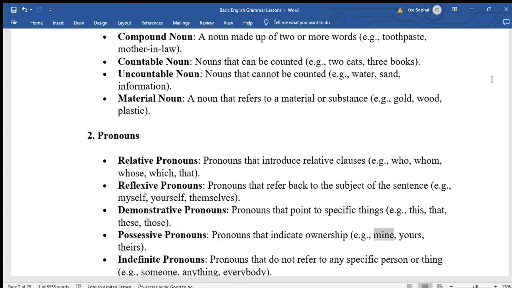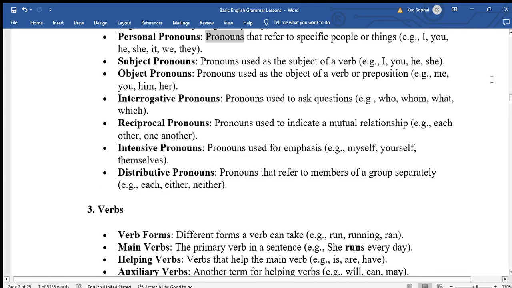Example, mine, yours, theirs. Indefinite pronouns, pronouns that do not refer to any specific person or thing. Example, someone, anything, everybody. Personal pronouns, pronouns that refer to specific people or things. Example, I, you, he, she, it, we, they.